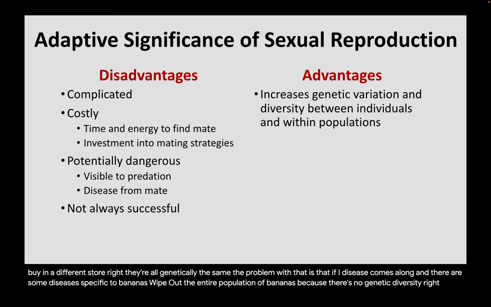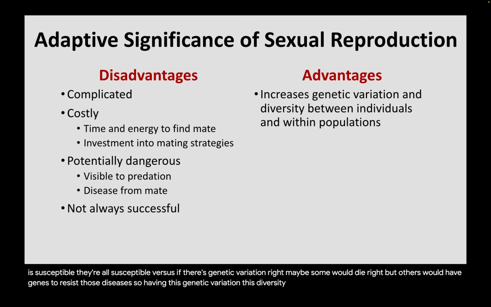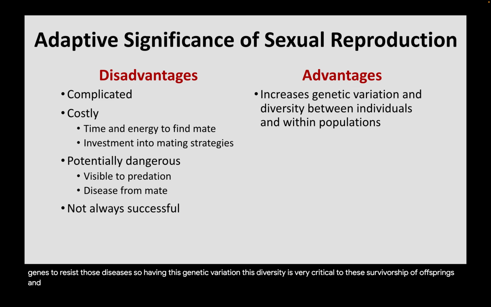If one is susceptible, they're all susceptible. Versus if there's genetic variation, maybe some would die, but others would have genes to resist those diseases. So having this genetic variation, this diversity, is very critical to the survivorship of offspring and populations.